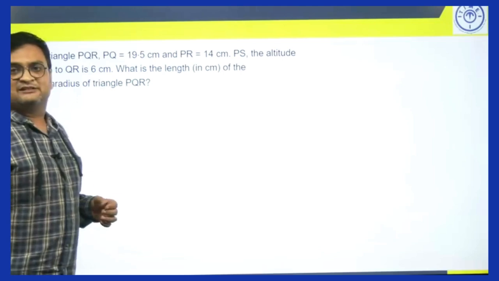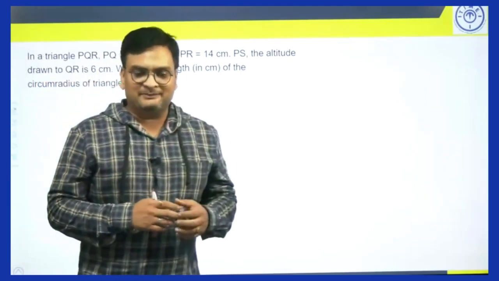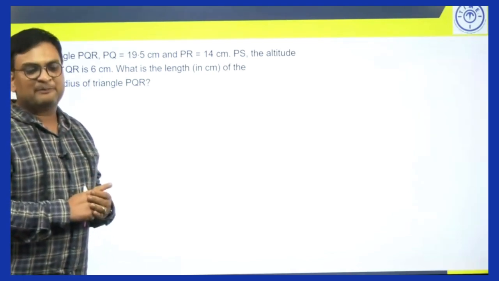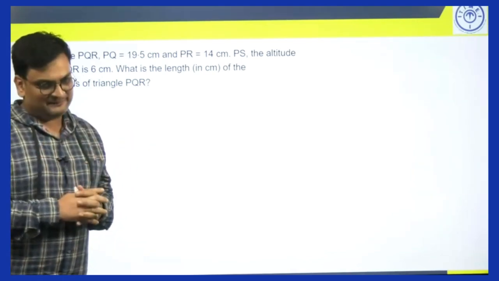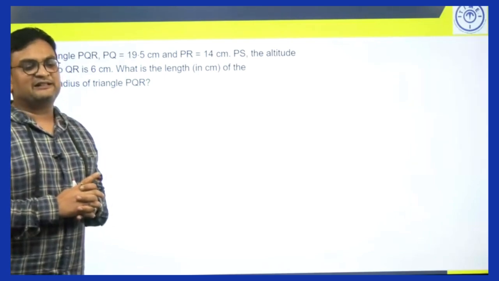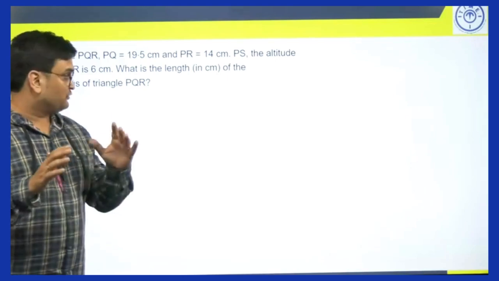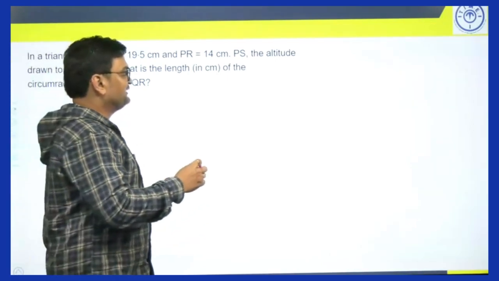So let's get started. The question says, in a triangle PQR, PQ is 19.5, so one of the sides, PR is 14 centimeters, the other side, PS, the altitude drawn to QR, the third side, is 6 centimeters. Let me try to draw the diagram here.